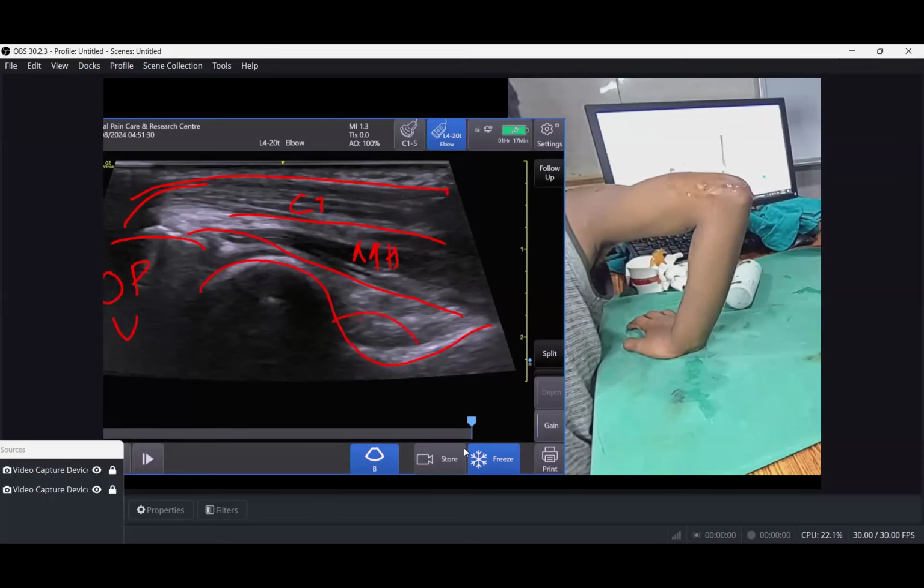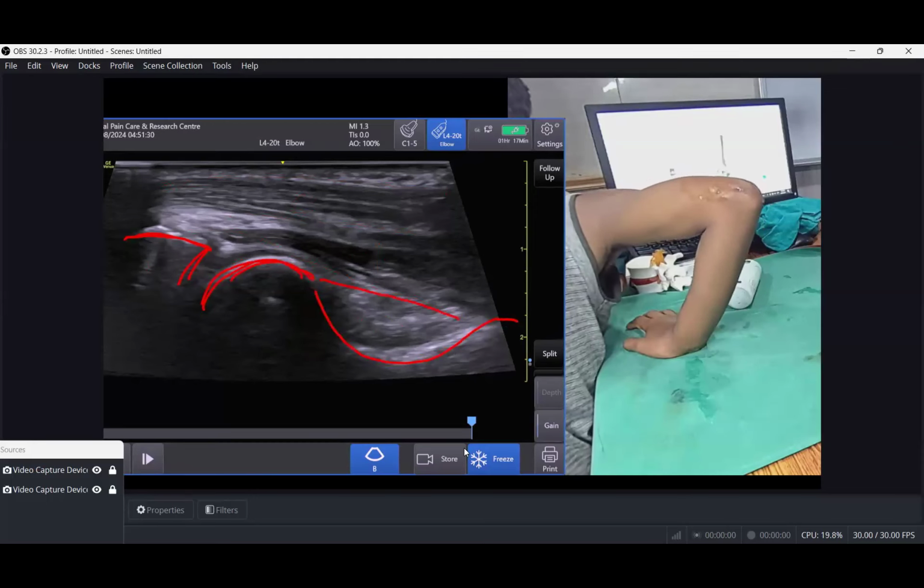This fossa is known as the olecranon fossa, because the olecranon will come into this fossa when the arm is fully extended. And this one is the joint between the ulna and the distal end of the humerus.